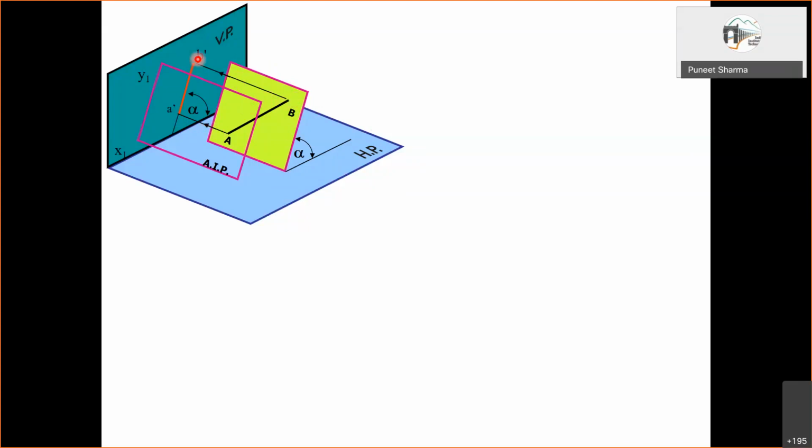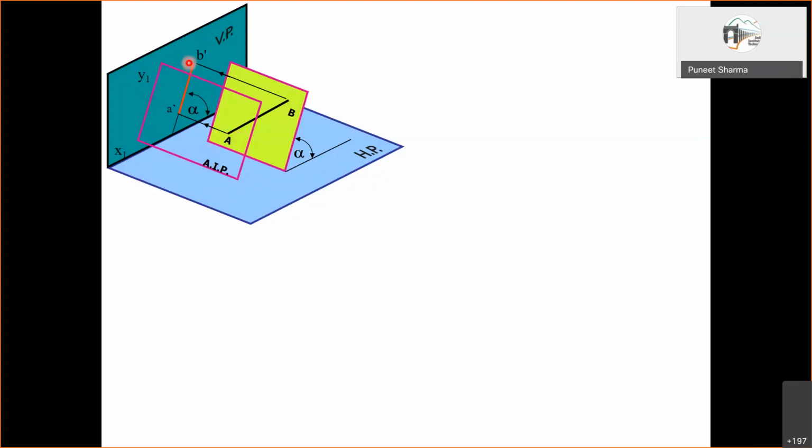Now you see effectively when we project this capital A, capital B onto this auxiliary inclined plane, then again this capital A small a dash and B dash will be visible to us. What I'm trying to say is this A dash A is parallel to the horizontal plane as well as this auxiliary inclined plane, right?